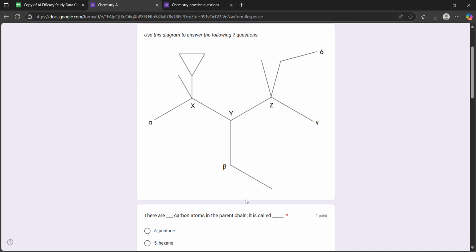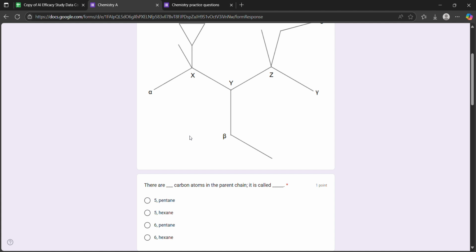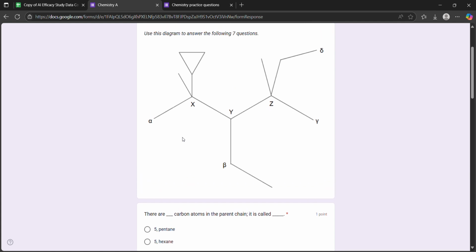If I remember correctly, we have to choose the longest possible parent chain and then look for the specific groups. So the longest possible parent chain, 1, 2, 3, 4, 5, 6. 1, 2, 3, 4, 5.